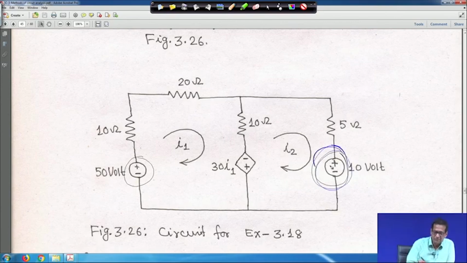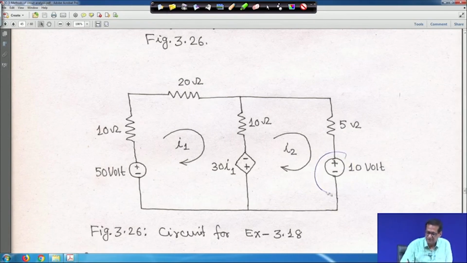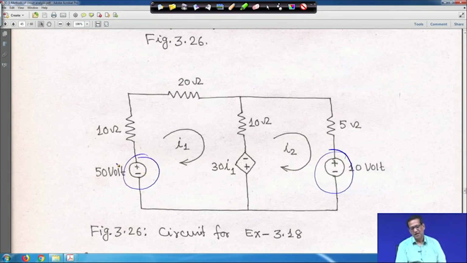Let me clean it first. We have one 10 volt source and one 50 volt source, and you have I1 and I2. This is a dependent voltage source, 30 I1, and here it is I2. You have to solve for I1 and I2.